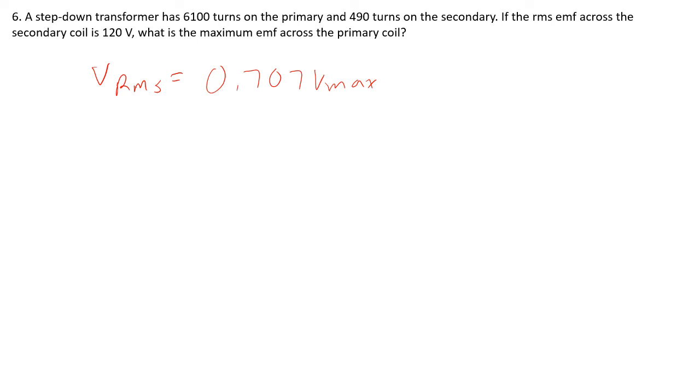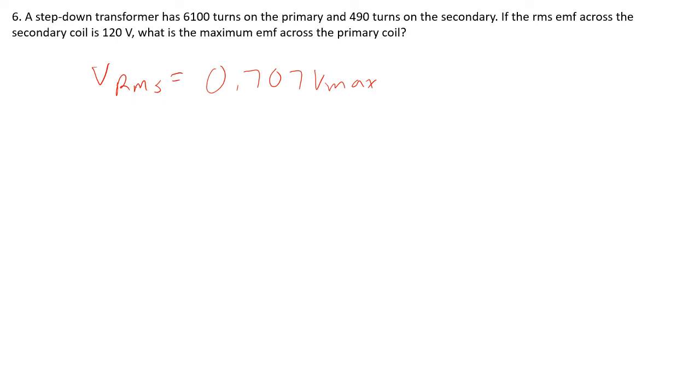Number 6 says a step-down transformer has 1,600 turns in the primary and 490 turns in the secondary. If the root mean squared electromotive force, that means root mean squared voltage, across the secondary coil is 120 volts, what is the maximum electromotive force or voltage across the primary coil?